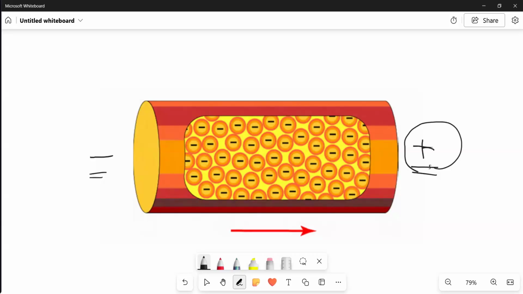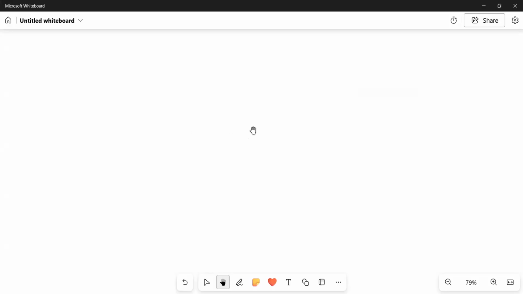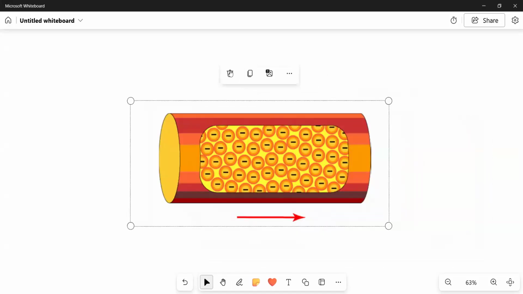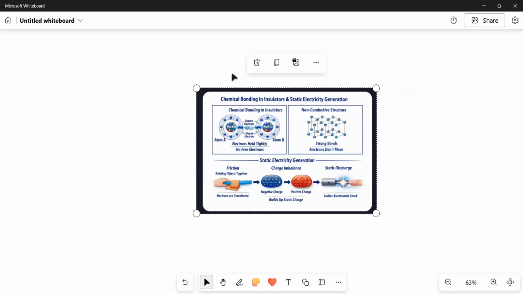Huh, that's strange. I want to bring a diagram of the kind of structure you see inside of insulators, just to show you a contrast. Oh, all right, look here.